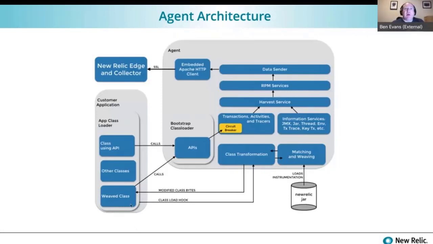You see weaved classes which send data into an API, and then we do some sampling, and the data is harvested, and we format it and send it over HTTPS to our edge collector. So that's what happens. The telemetry all comes through this front door here and into the transactions and tracers before being sent up to New Relic.